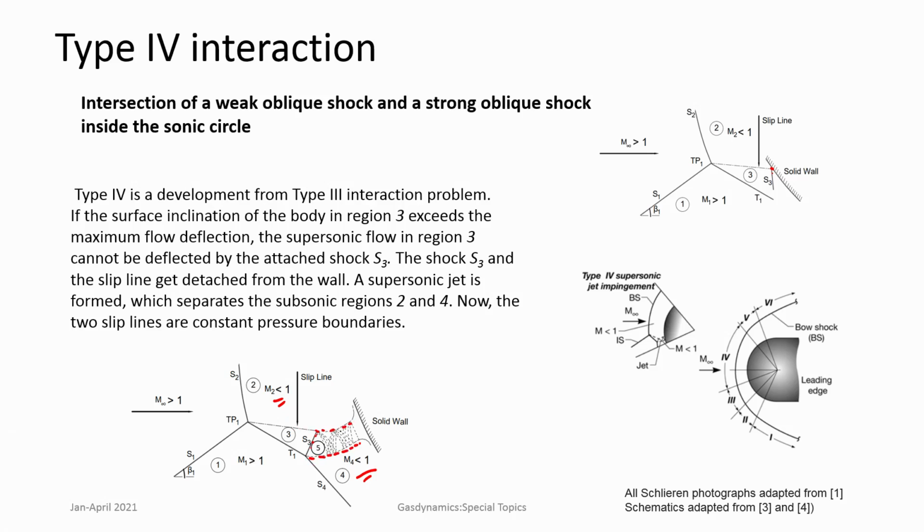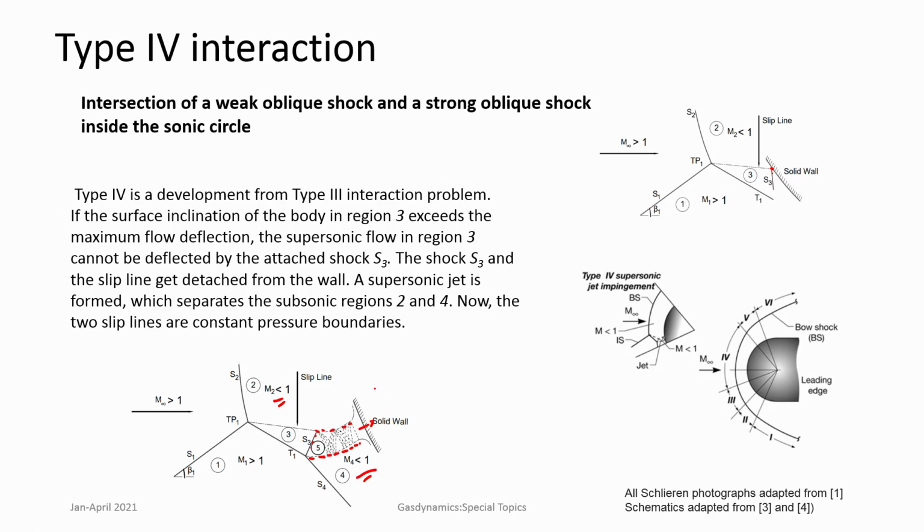Okay. And then you can have shock waves and expansion fans reflecting off these two slip lines which are constant pressure boundaries. This is very much similar to a supersonic jet, and this can impinge on the solid wall, create very significant increase in pressure as well as heat transfer.